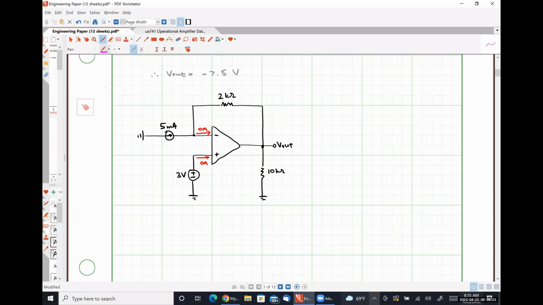And our goal now is to determine the value of the voltage V plus, the nodal voltage representing the voltage applied at the non-inverting input terminal with respect to ground. So what's it going to be? +3 or -3? +3. Okay.